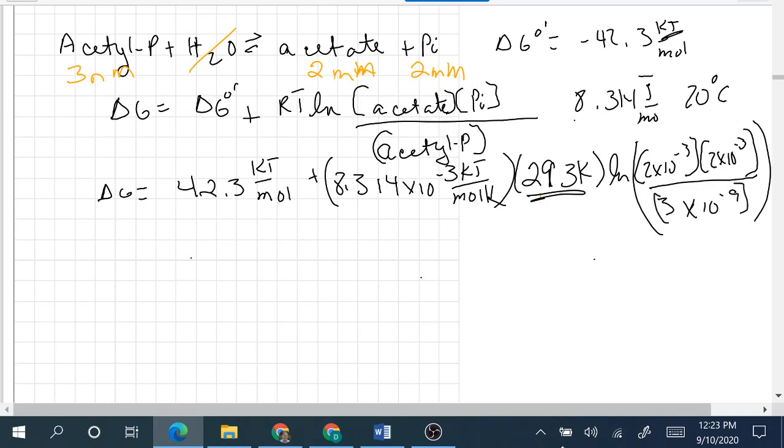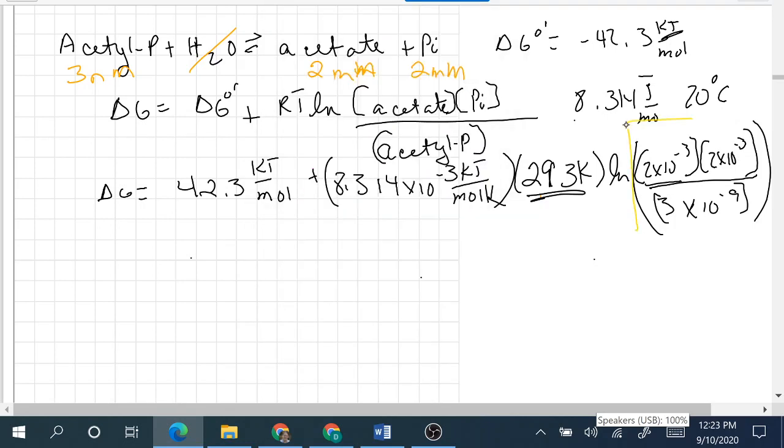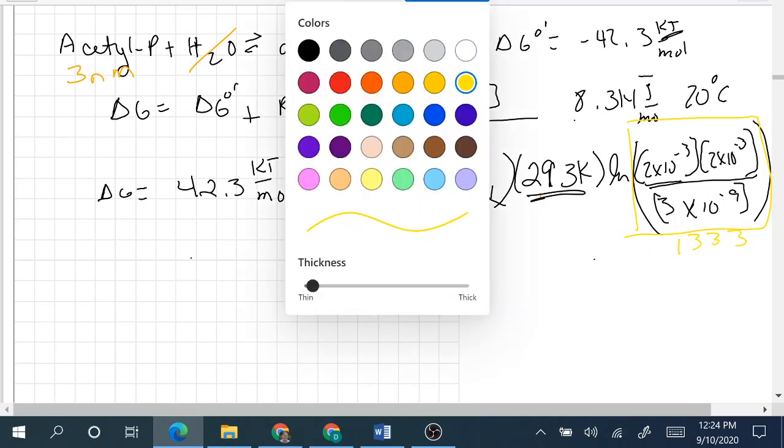All right, so if we calculate this, 2 times 10 to the minus third squared divided by 3 times 10 to the minus ninth, we get 1333.